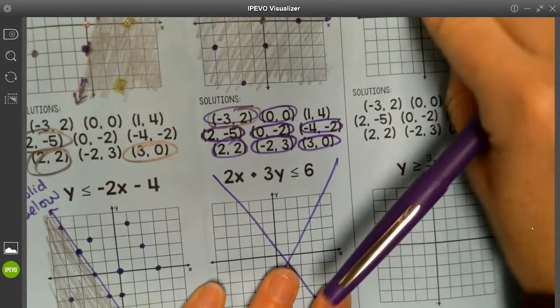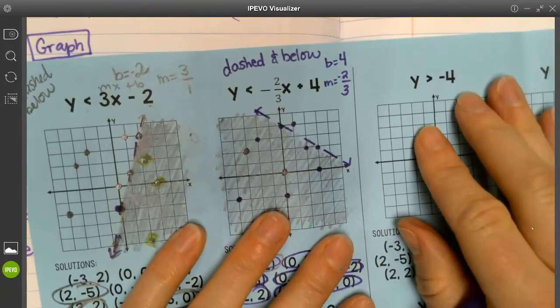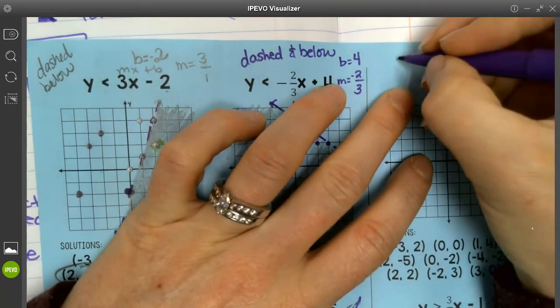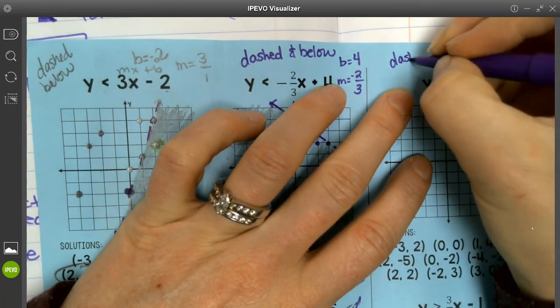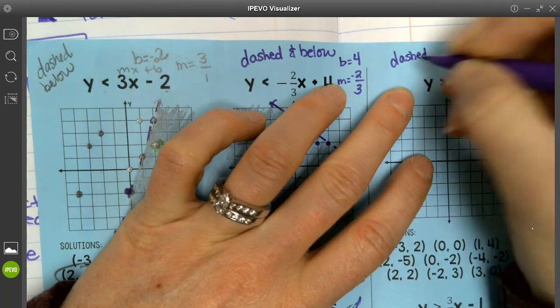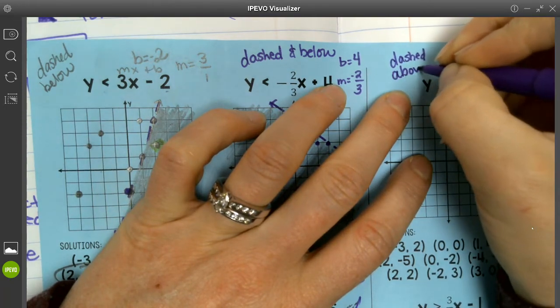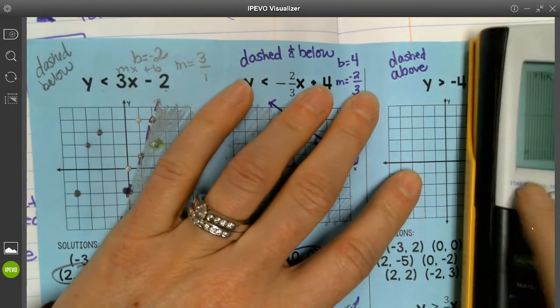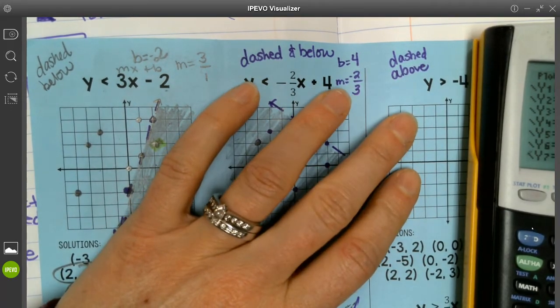Okay, the next one, y is greater than negative 4. So greater than is going to be dashed. If we look back at our pink paper, it's dashed. Greater is above. So I'm going to automatically just go to the calculator and put that in.